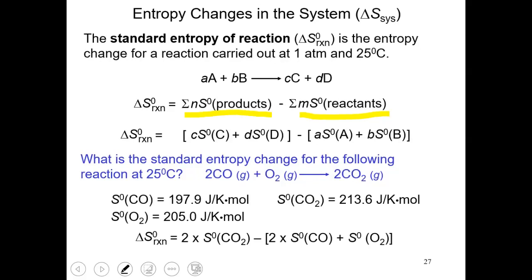It's just math at this point. So for CO2, for the products, 427.2, that's 2 times 213.6, minus 395.8 plus 205. That is a total of negative 173.6.